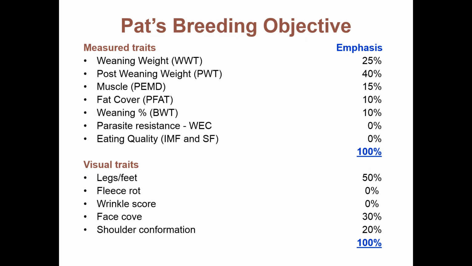So it is all about that emphasis that you're applying at selection rather than what might be most important, whether it's some theoretical approach to sheep selection or dollar terms. It's how much you need to apply on the day.